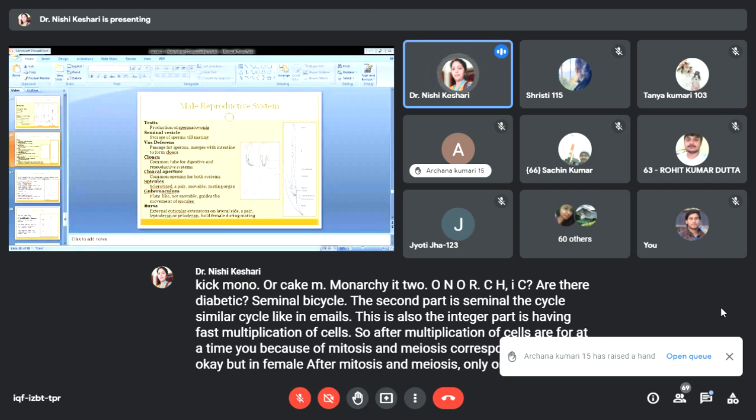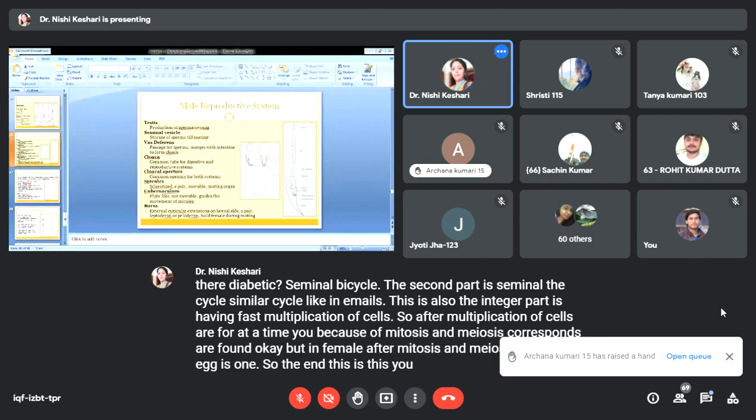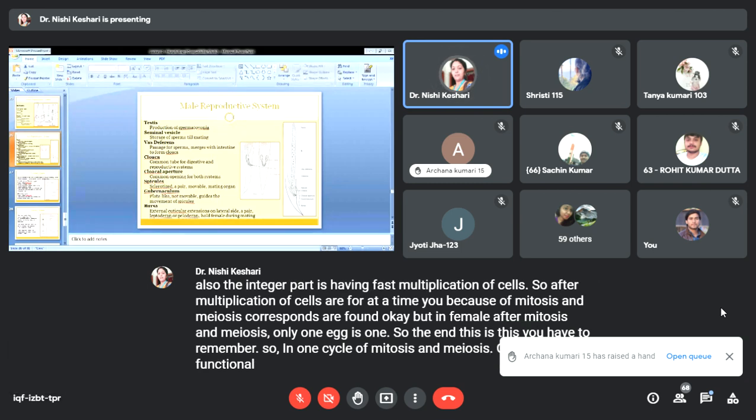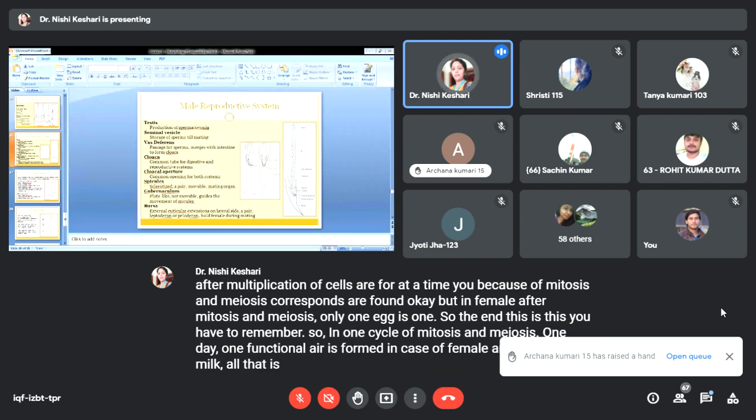You have to remember this. In one cycle of mitosis and meiosis, only one functional egg is formed in the female, while in the male, all four products of one cycle of mitosis and meiosis are functional.